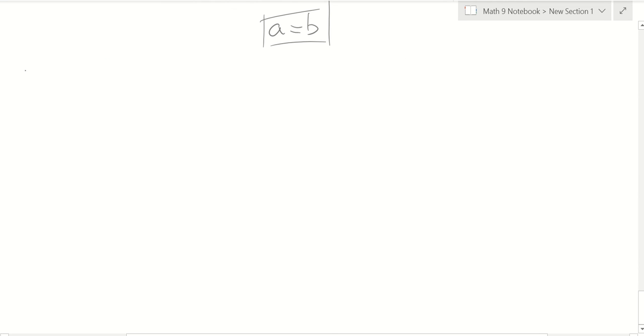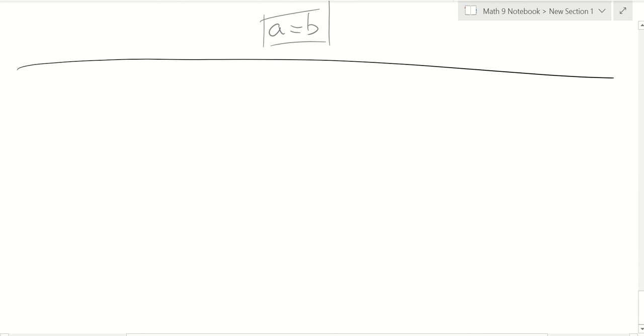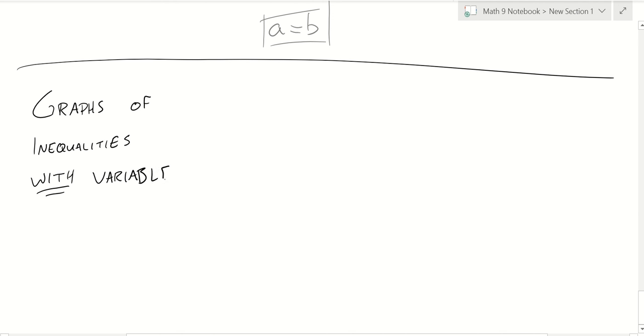Now again, I'm going to make a little line break here, and I'm going to look at applying some of this knowledge. So we're going to look at graphs of inequalities with variables. So let's see.